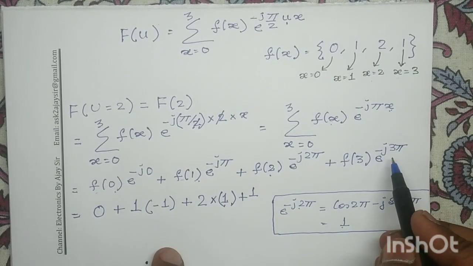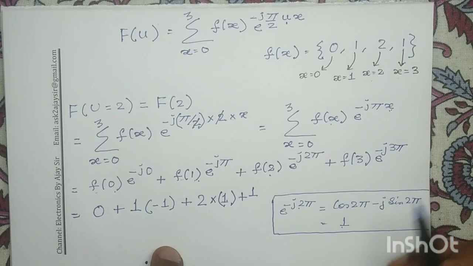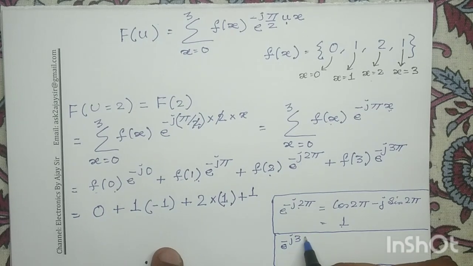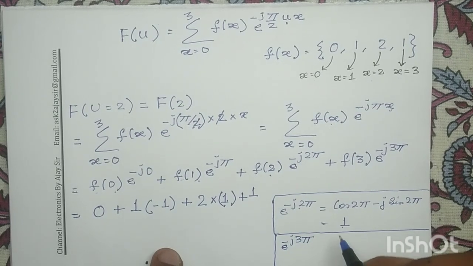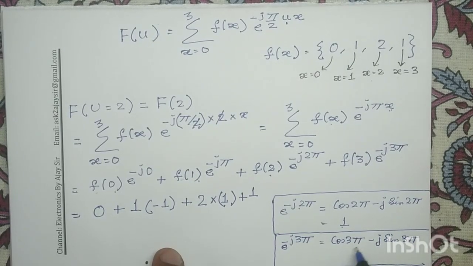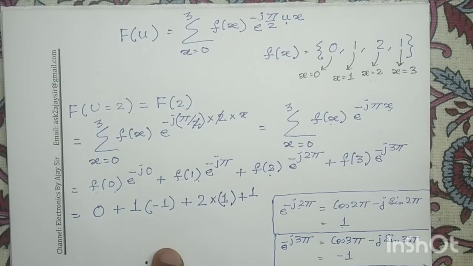And we have to compute this value e to the power minus j 3π. Using the similar Euler equation, we will get the expression cos 3π minus j sin 3π. Cos 3π is equal to minus 1, whereas sin 3π is equal to 0.